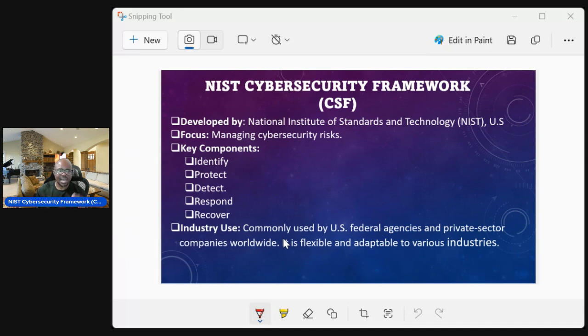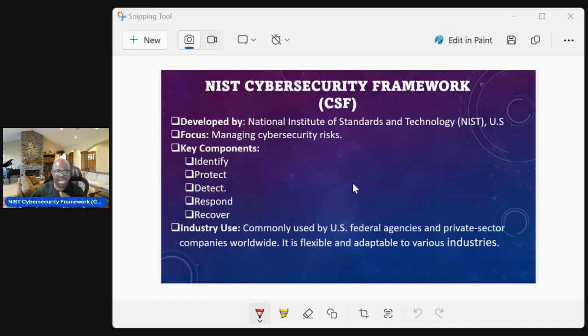And then lastly, another activity under the respond component is improvement. That is, update response strategies based on lessons learned from incidents. Improvement. So that is the respond component, which is the 4th component under the CSF framework.